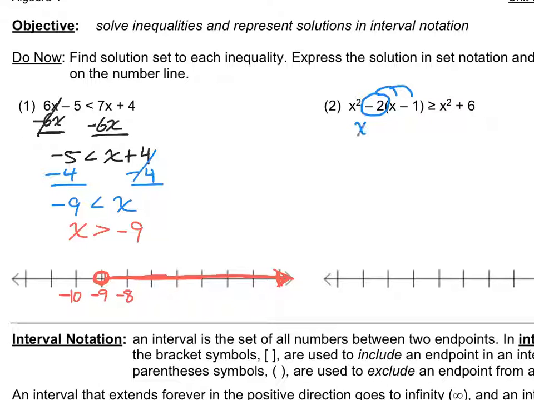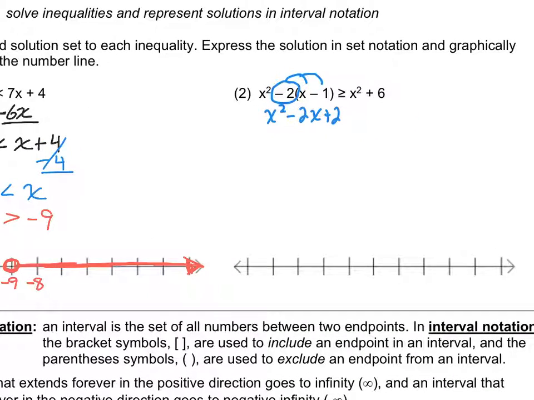So x squared minus 2x plus 2. Now that's going to be greater than or equal to all the other stuff. Next step: subtract x squared.